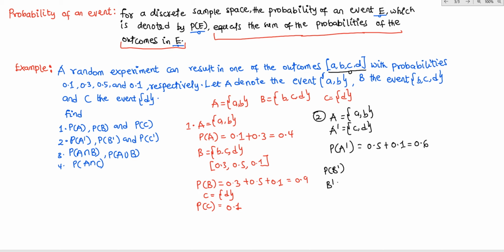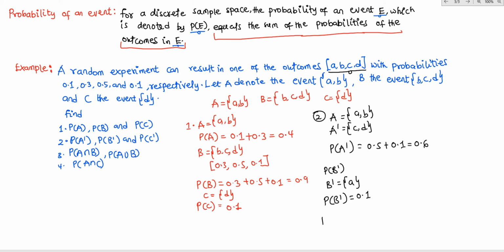We know that for B we have B, C, D. So for B complement, that's going to be just A, because A is the only outcome in the sample space that's not in the event B. So the probability of B complement will just give us the probability of outcome A, which is 0.1.